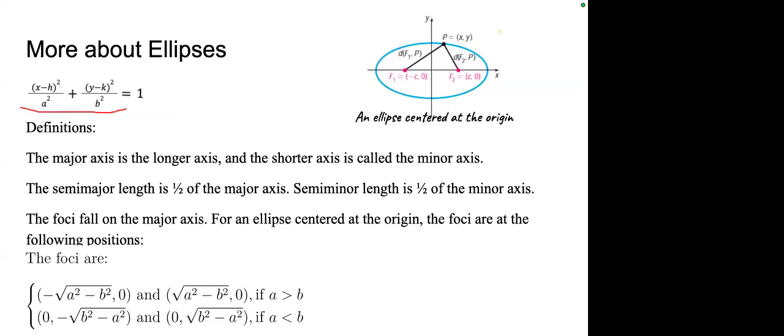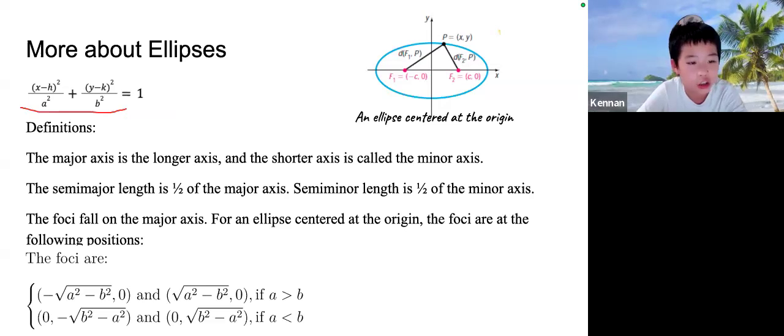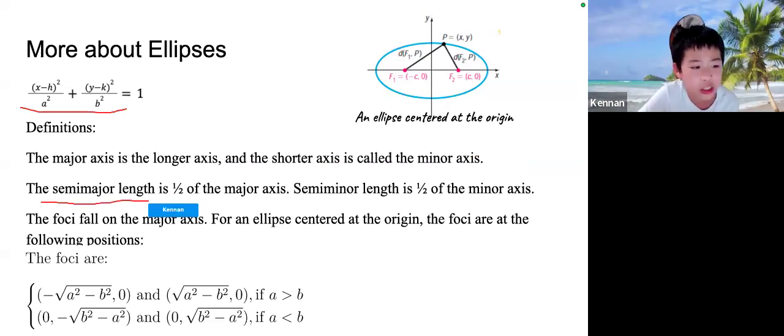Alright, so the major axis is the longer axis, and the short axis is called the minor axis. And then the semi-major length is 1/2 of the major axis, and the semi-minor length is 1/2 of the minor axis.